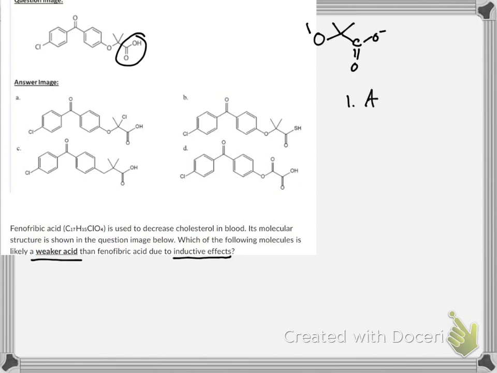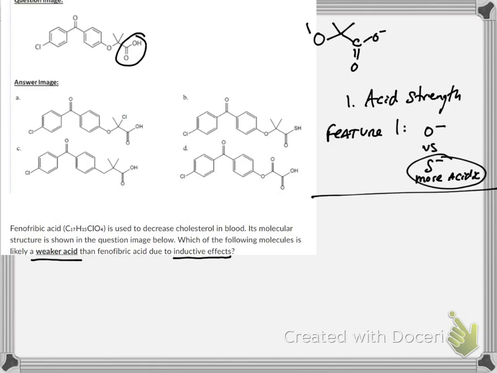So what we're going to do is start analyzing it. The acid strength in feature 1 is O versus S here, and what we see is that S minus would be more acidic. It's a more stable base than O minus.